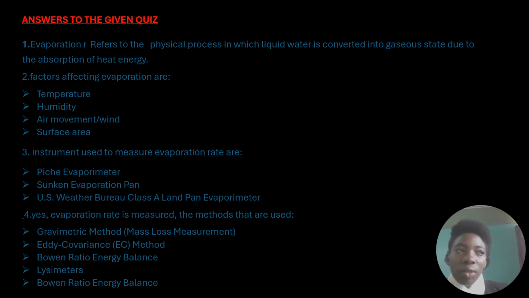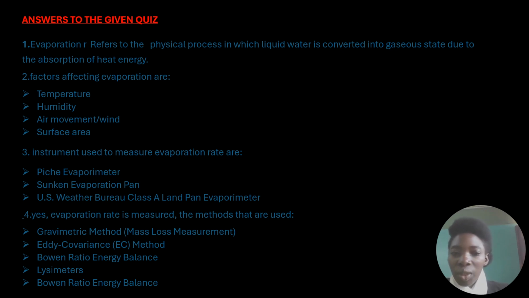On the first page, we showed you the questions that we may ask ourselves when discussing evaporation. We have found the answers to those questions. The first question asked: what do we mean by the term evaporation?